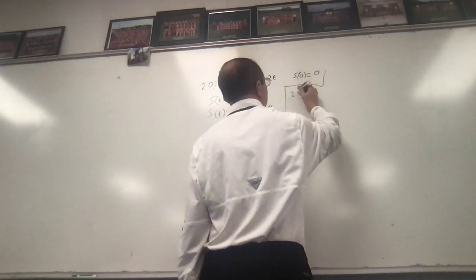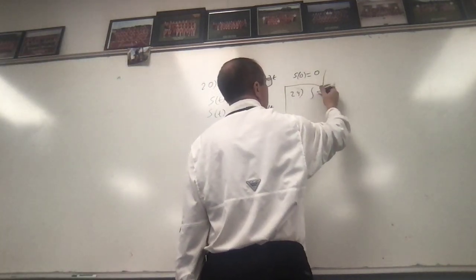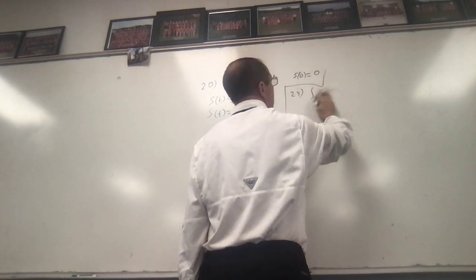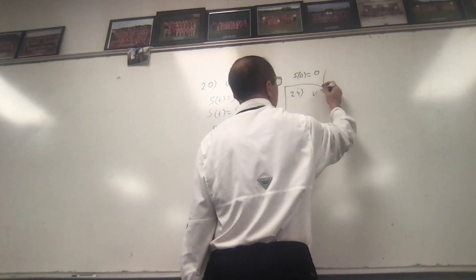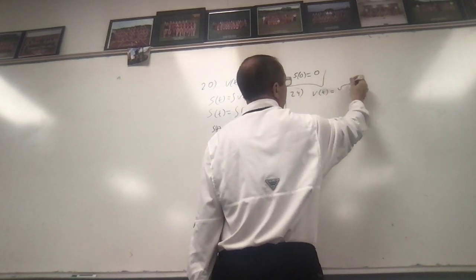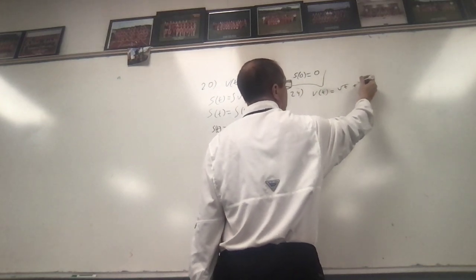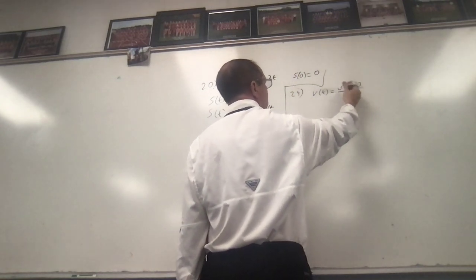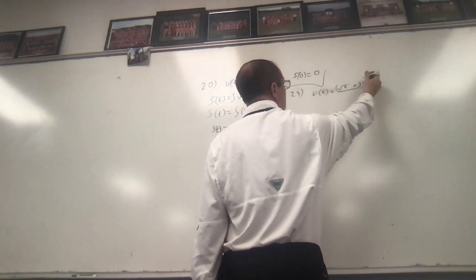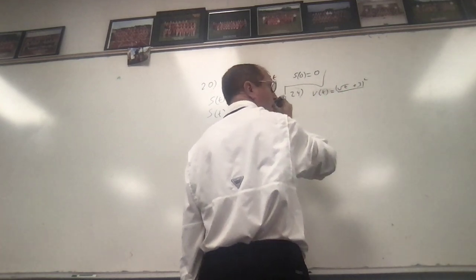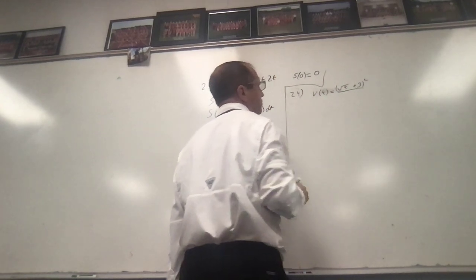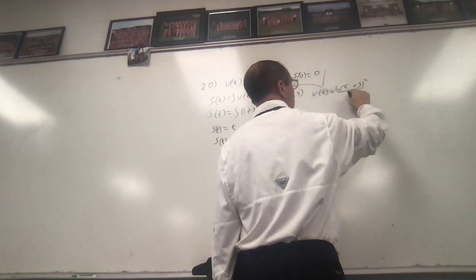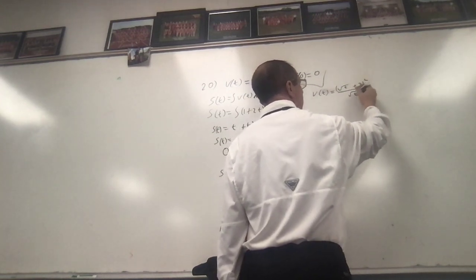Someone read this. So question 24, we have what? v of t equals the square root of t plus 3, all in parentheses squared, not just the square, over the square root of t.